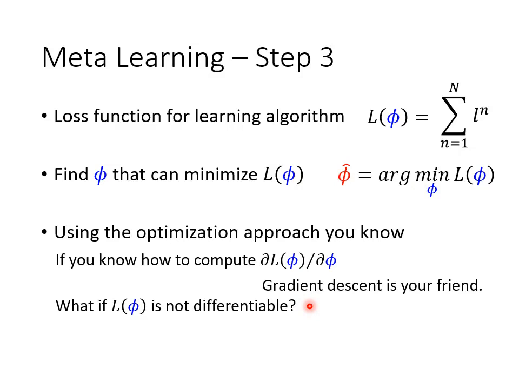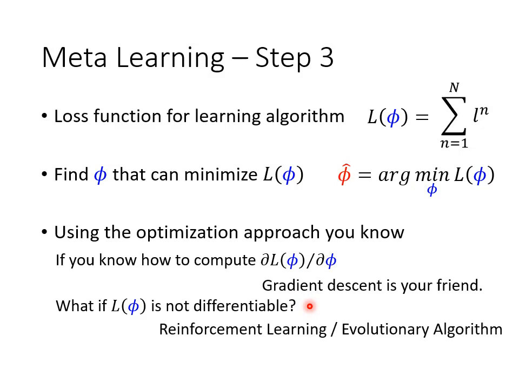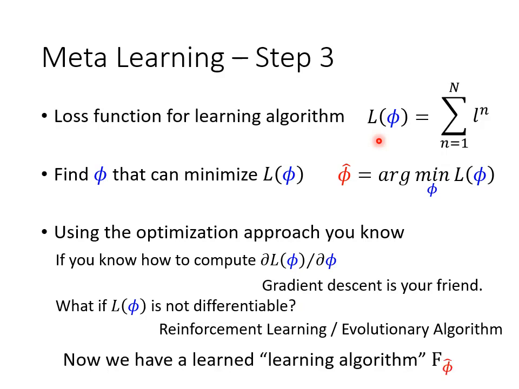For example, you can use reinforcement learning or an evolutionary algorithm. Now let's assume you successfully solve this optimization problem. You obtain phi hat, which can minimize capital L. Then now, we have a learned learning algorithm. This sounds funny. We have a learned learning algorithm, f phi hat. So f phi hat is the learned learning algorithm.